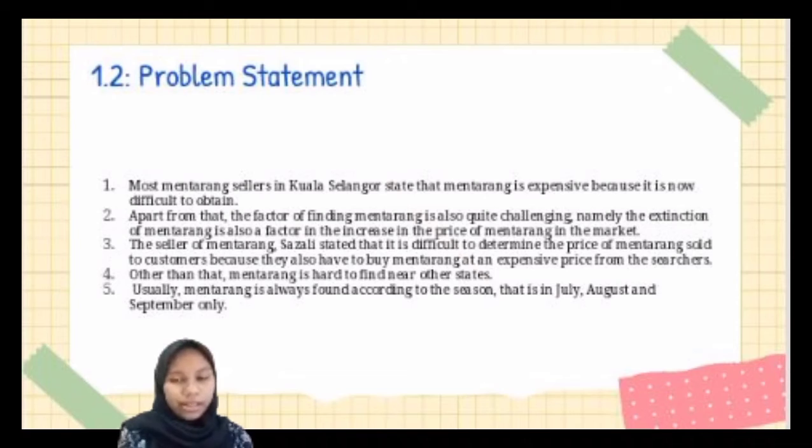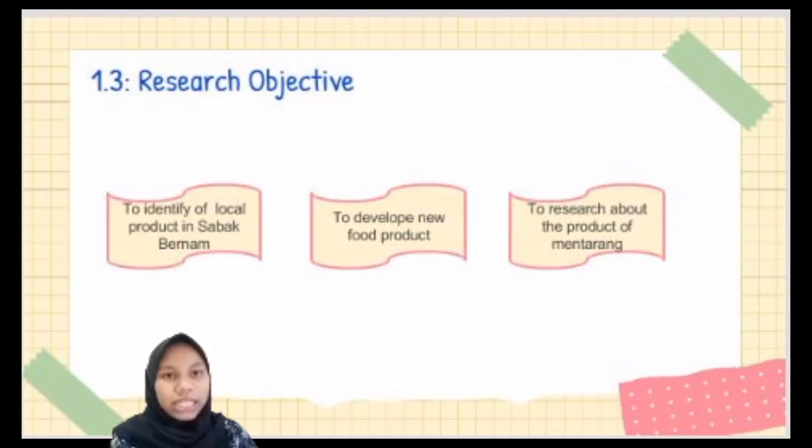And other than that, mentarang is hard to find in other states. Usually, mentarang is found according to the season, that is in July, August and September only.